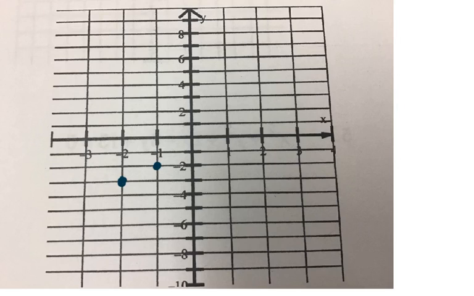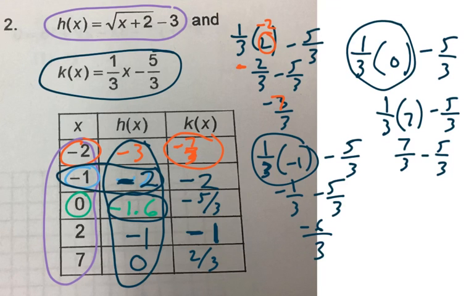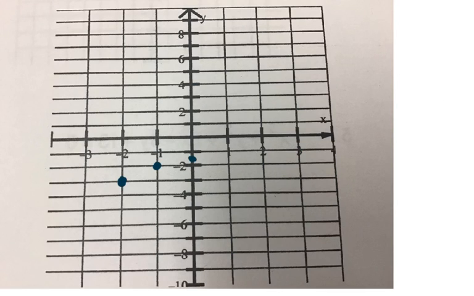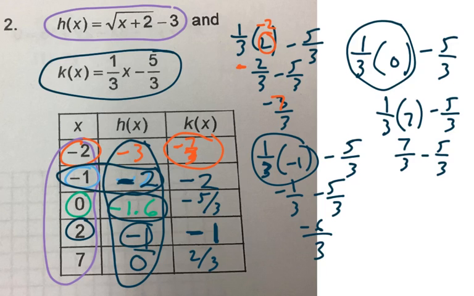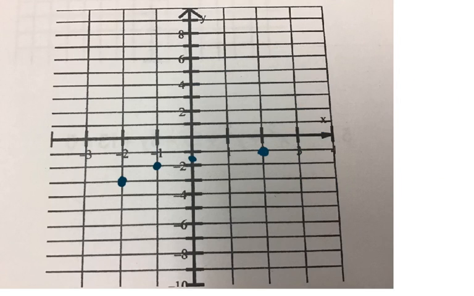Remember, we did round off, so it's going to be about right there somewhere, right? 2, of course, is -1. And finally, 7 is 0.